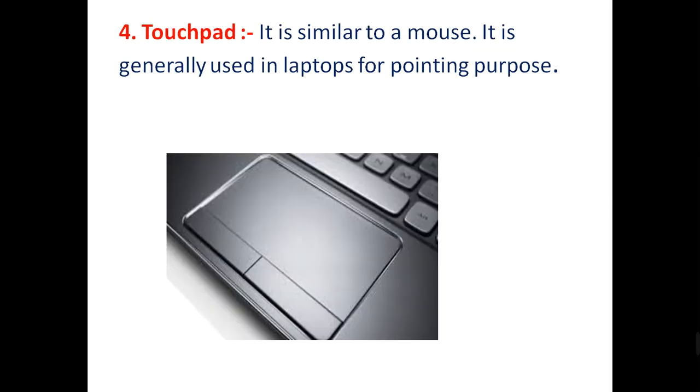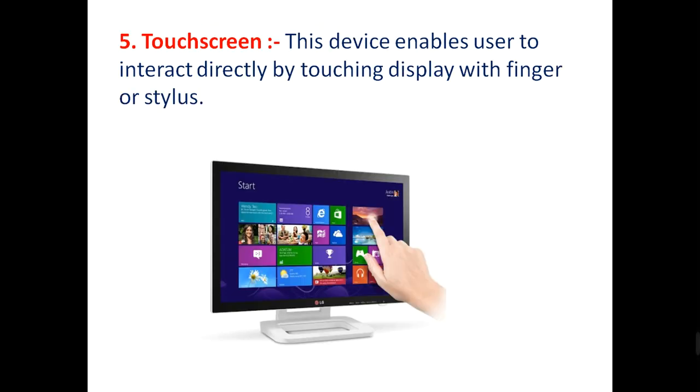Next device is touchpad. So touchpad is just similar to a mouse, but it is found inside the laptop. So we use this device just like mouse to point various location in computer screen. So we can say that it is also a pointing device. Next device is touch screen.